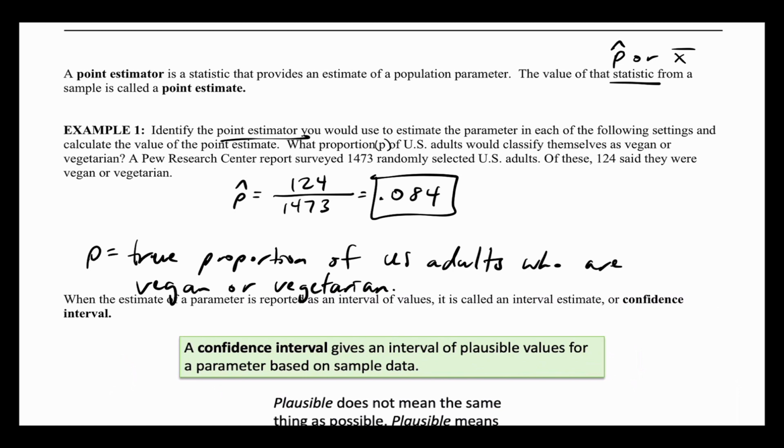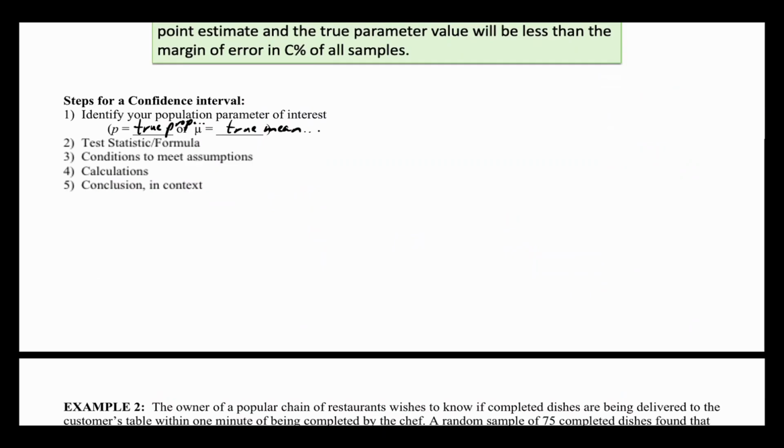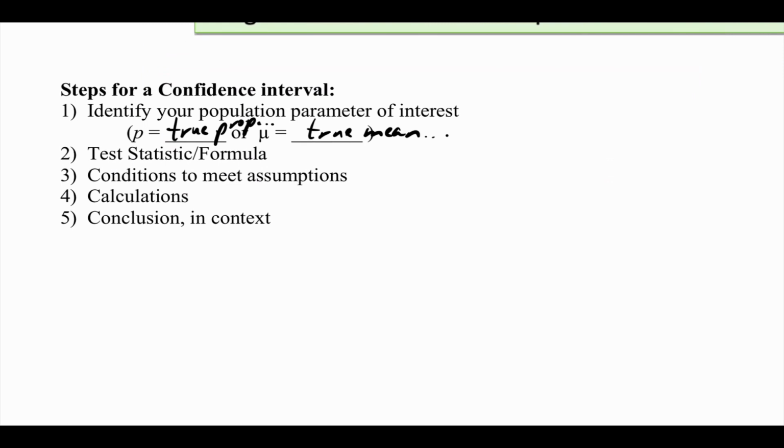I don't know that number, but I can write out who they are, right? I just don't know the number. I know the number from the sample, 0.084, and that's the proportion of people in the sample who are vegan or vegetarian. Okay, so that's number one.